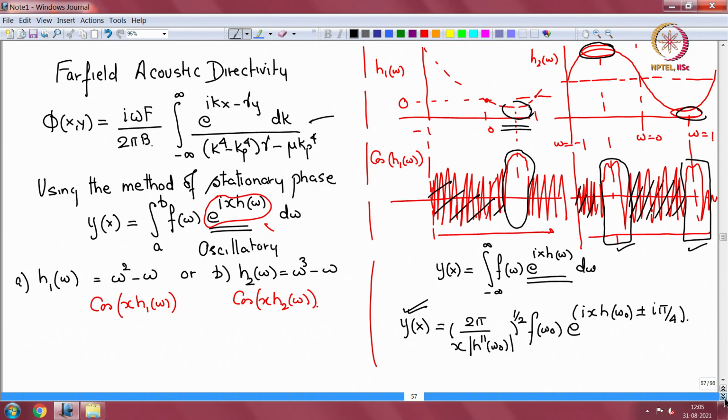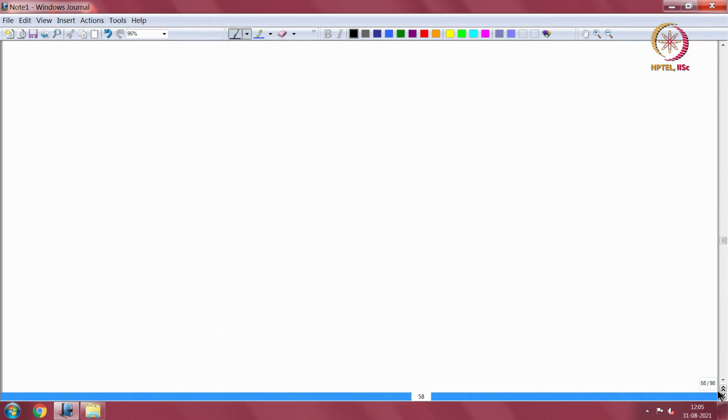I'll show you an example using one of these functions that I have chosen. Consider this function here, y1 of x equal to the integral from minus infinity to infinity of cos of x omega square minus omega d omega.